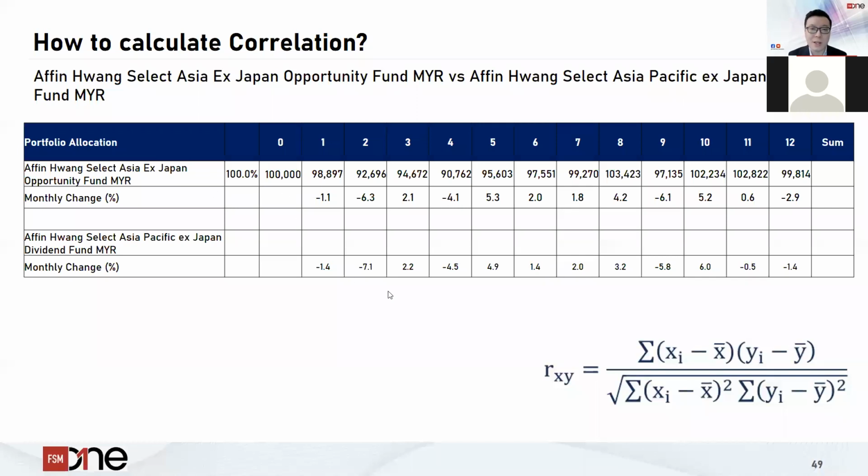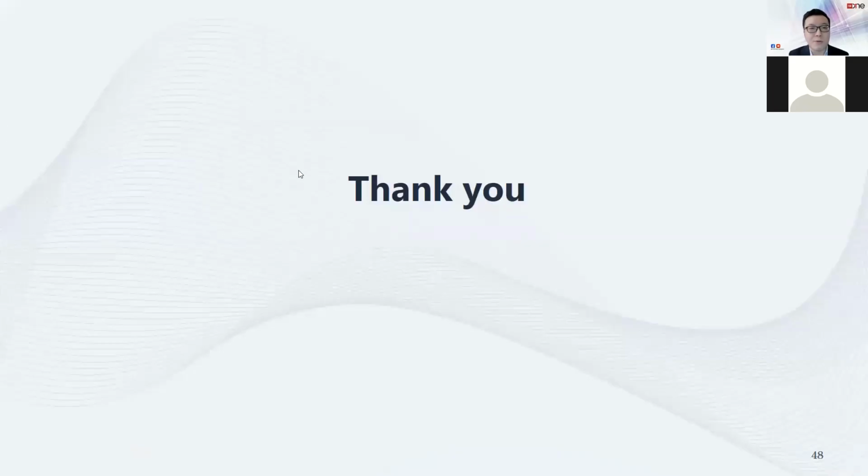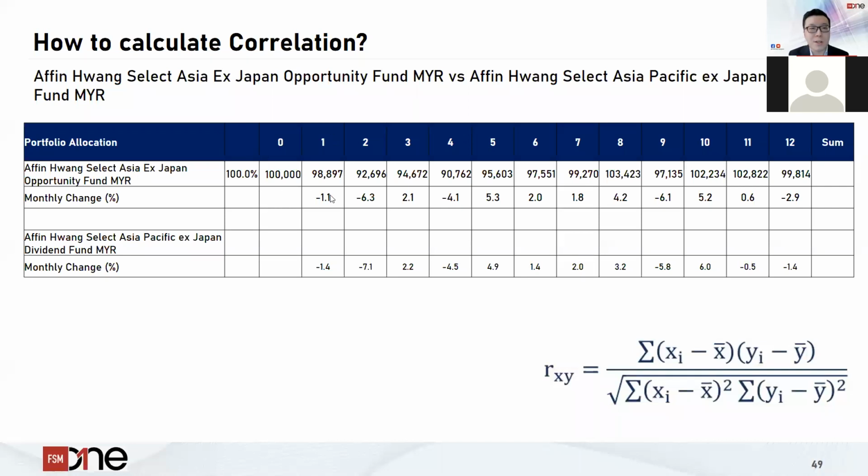You have the monthly NAV of these funds, and then you can calculate the monthly change. For example, this fund in the first month dropped 1.1%, the other one dropped 1.4%. Then in the second month, this one dropped 6.3%, and the other fund dropped 7.1%.